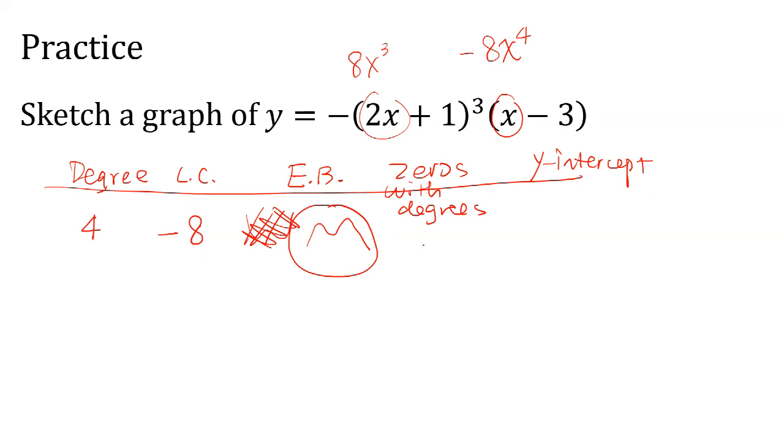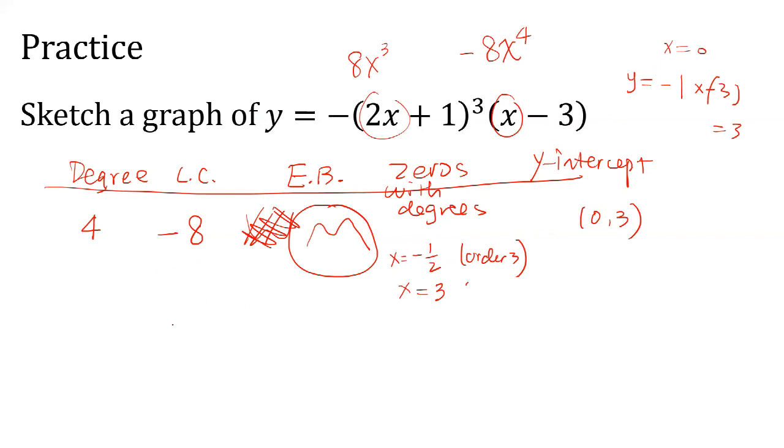Okay, one of the zeros is x equals minus 1/2 with an order of 3, right? And another zero is x being 3 with an order 1, right? For the y-intercept, when x is 0, y is minus 1 times minus 3, which is 3, right? So the y-intercept is 0, 3.